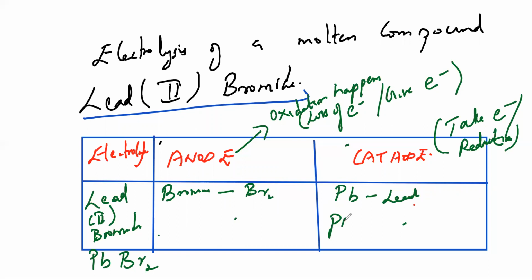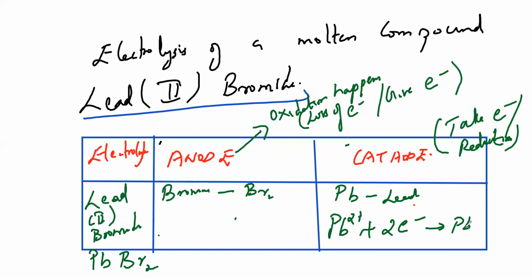The lead ions take the electrons to give lead. Anode is giving away electrons.